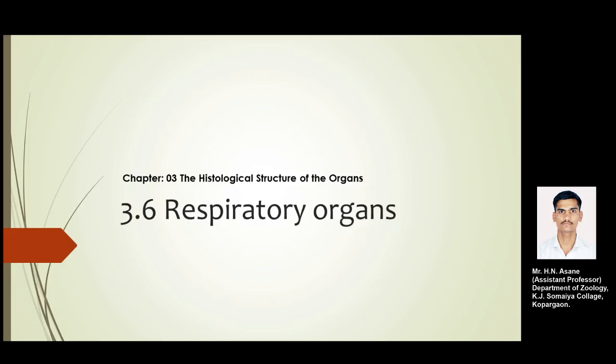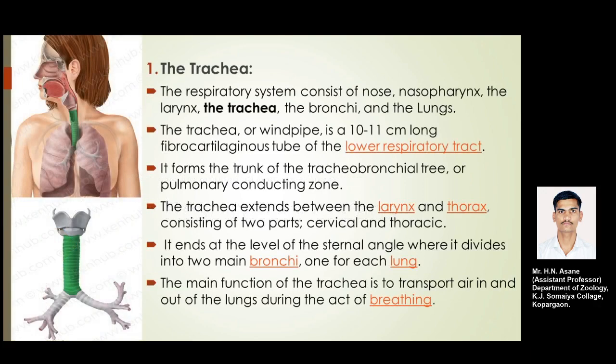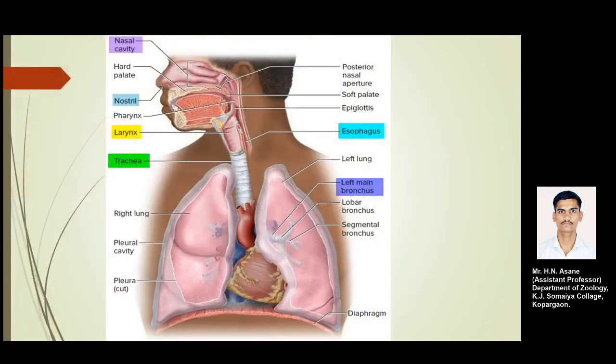Since last session we have been engaged with the histology of the respiratory organs. In the last session we saw the anatomy as well as the histology of the trachea, which is also known as the windpipe, and its location.